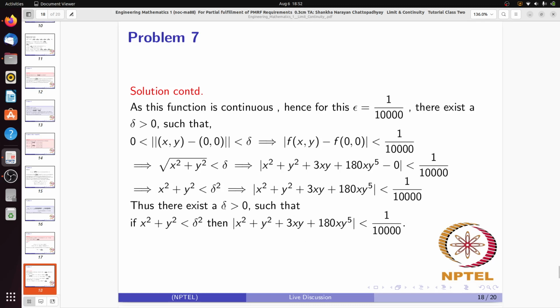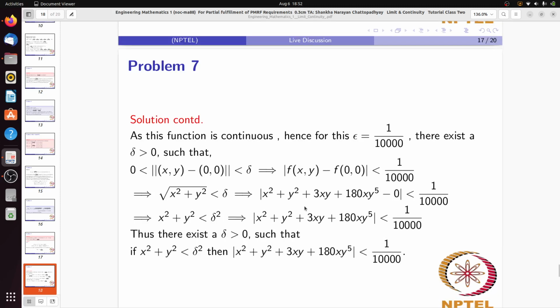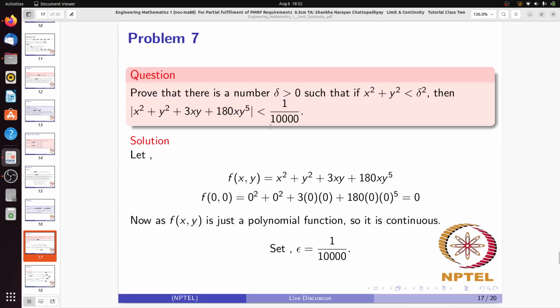It is just like for every given epsilon there will be one delta. That type of concept we are using here. So here particularly the value of epsilon is taken to be 1 by 10,000.